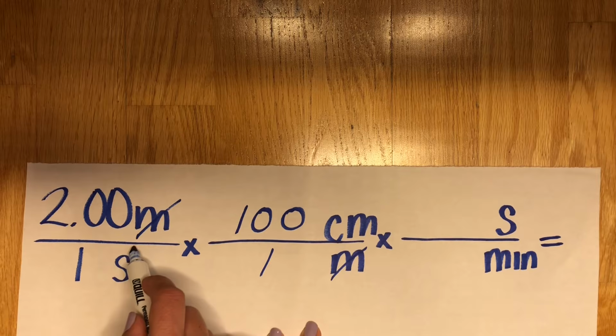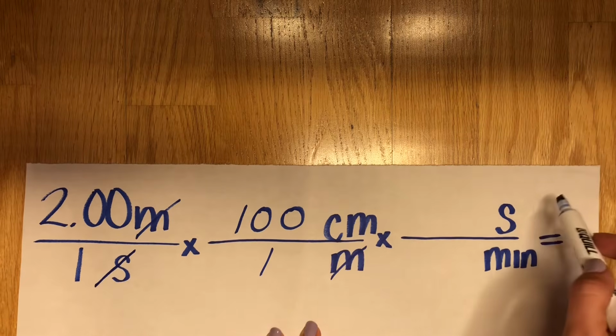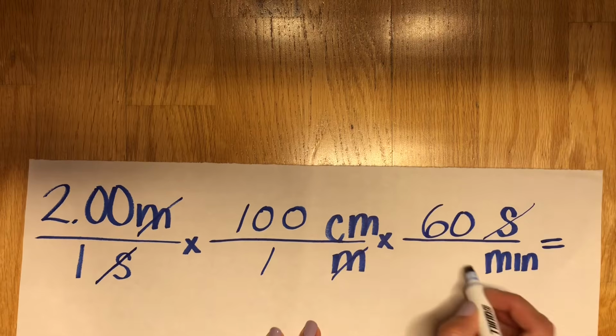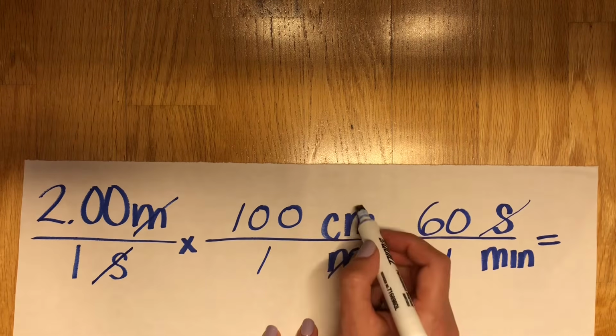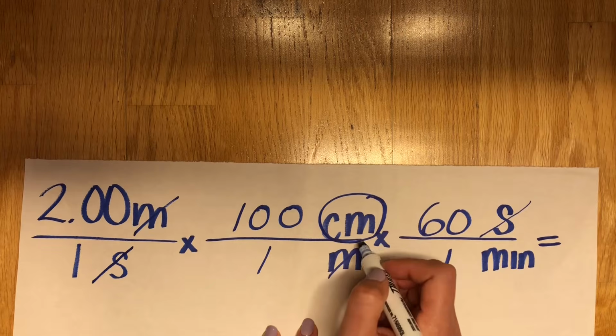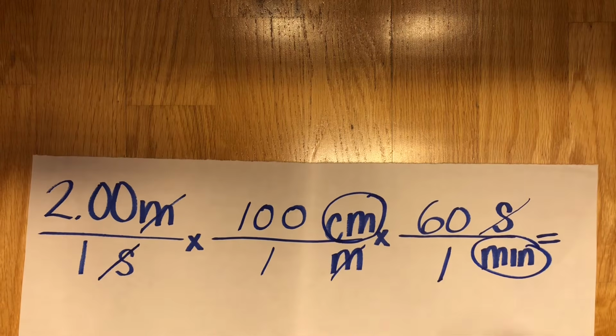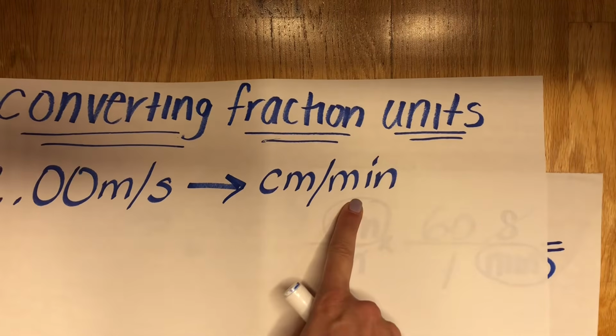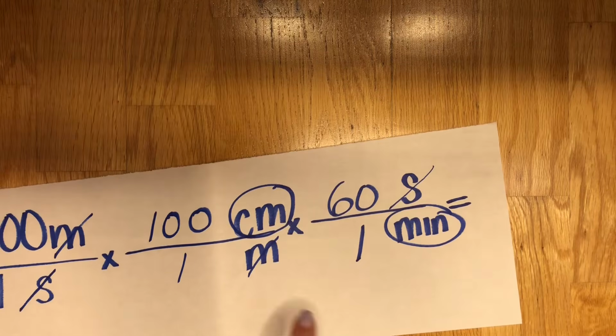Remember, in math, we learn units on the top and the bottom can cancel out. And so I know that there's 60 seconds and 1 minute. And then I look and I say that I have a centimeter on top and a minute on the bottom. And I again remember that that was what was asked of me. Centimeters on top, minutes on the bottom. And so I've correctly set this up.